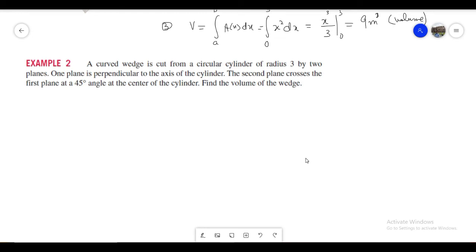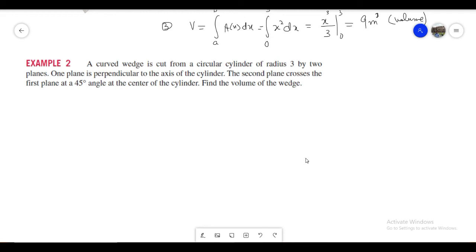So let us start with another question. In this question, we want to compute the volume of the wedge. A curved wedge is cut from the circular cylinder of radius 3 by two planes. The one plane is perpendicular to the x-axis of the cylinder.